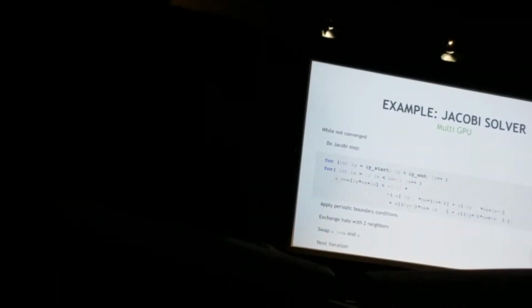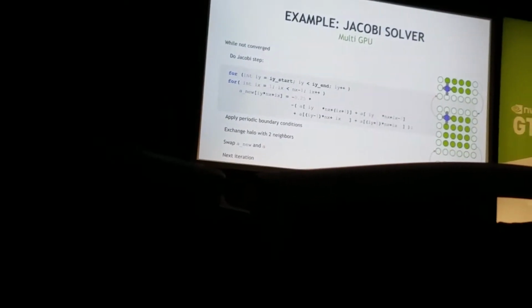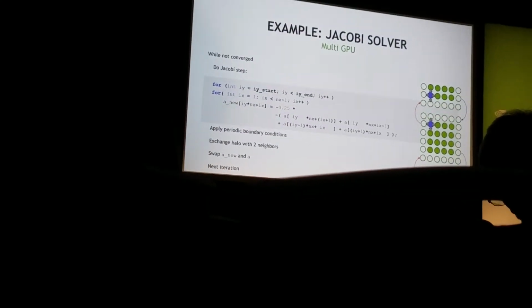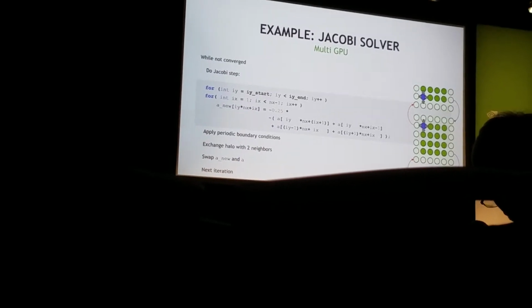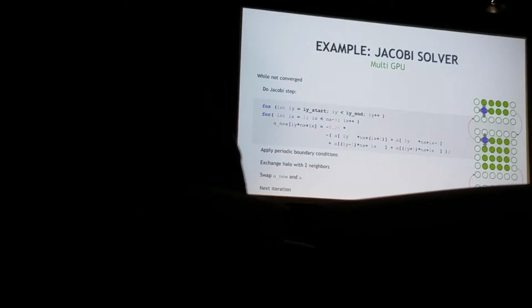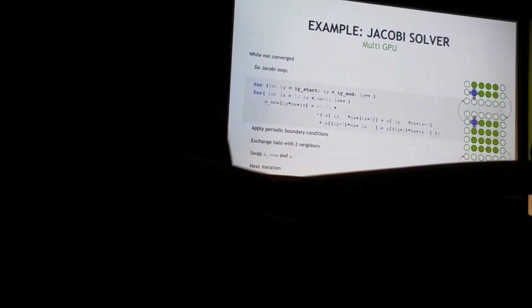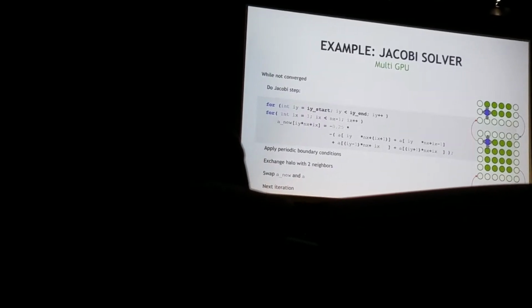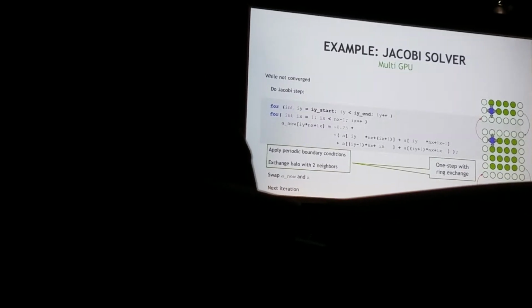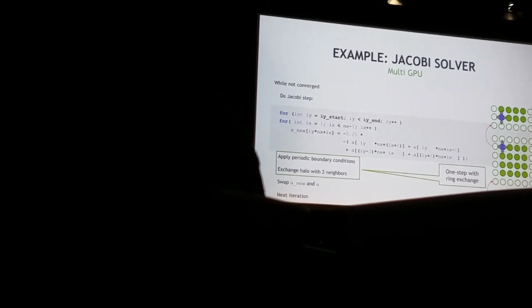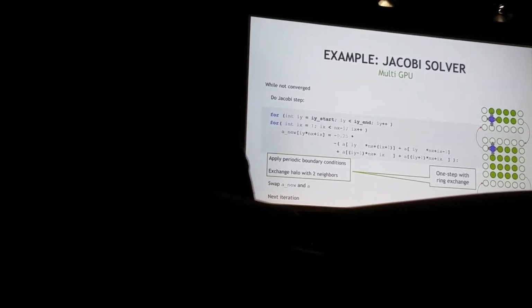Logically, the only thing that changes is that each GPU is now not iterating over all interior points, but only over the ones assigned to it, always over full rows. After that, we apply the periodic boundary conditions, and we need to exchange data with our top and bottom neighbors to propagate information.